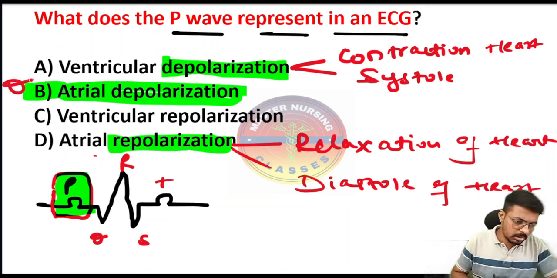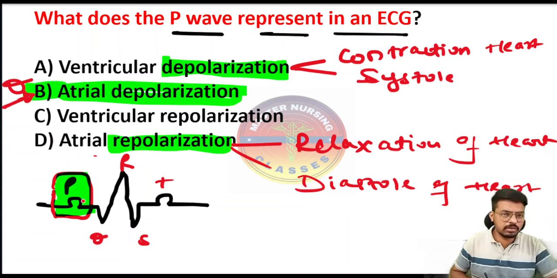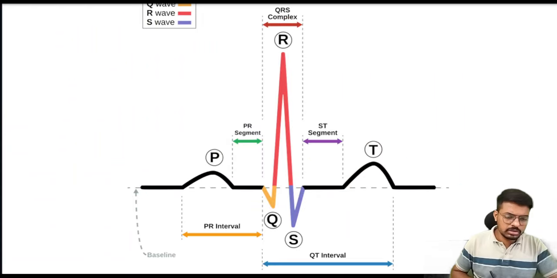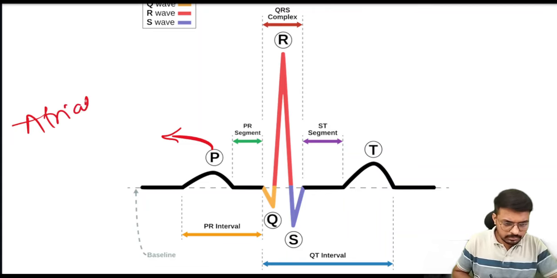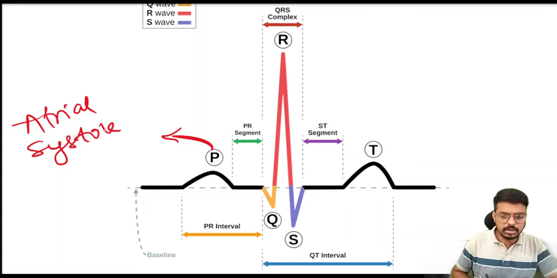Let me solve all the other related questions related to the formation of the ECG waves. This is the normal ECG wave. Here the P wave is forming due to the atrial contraction, or we can say systole, right?